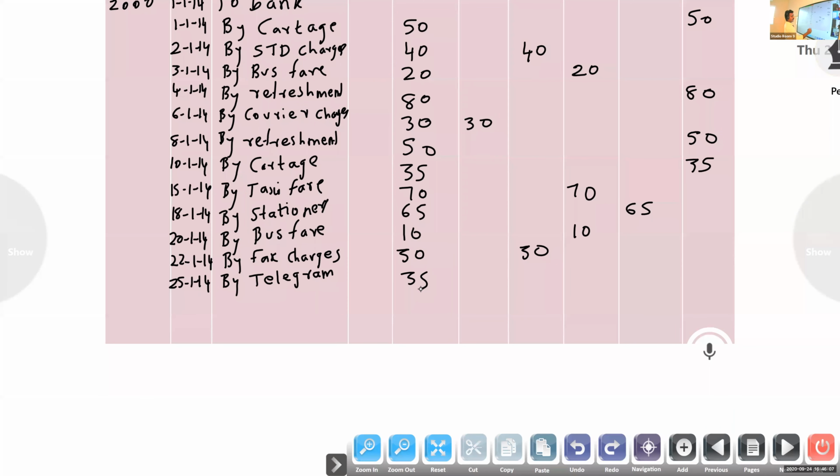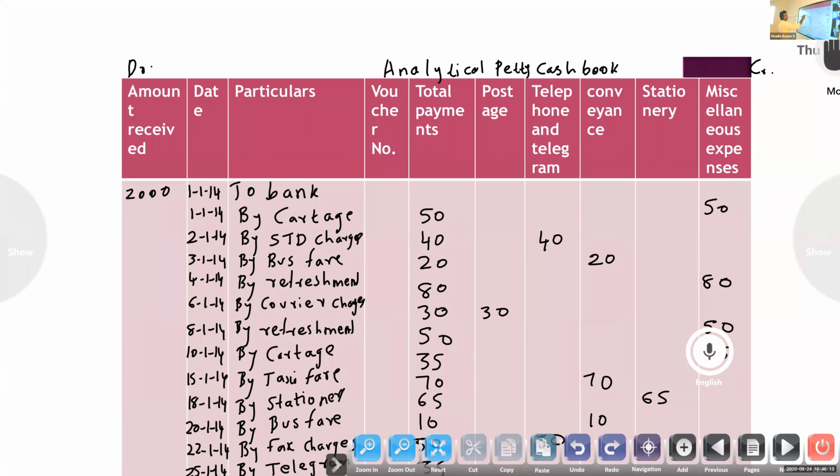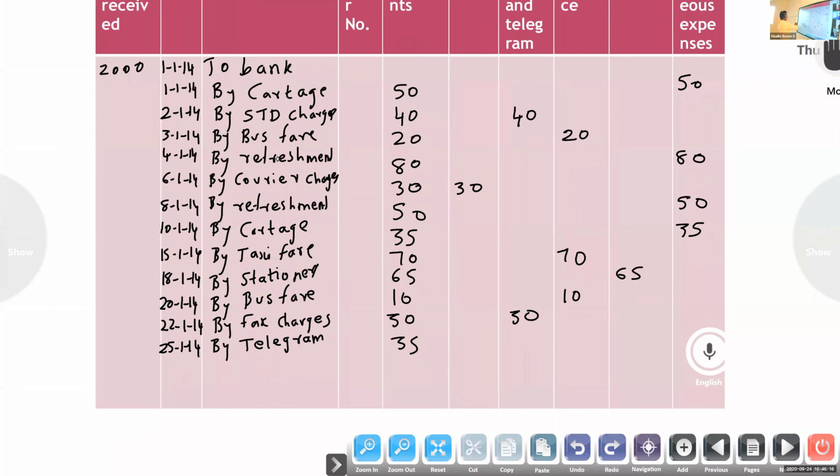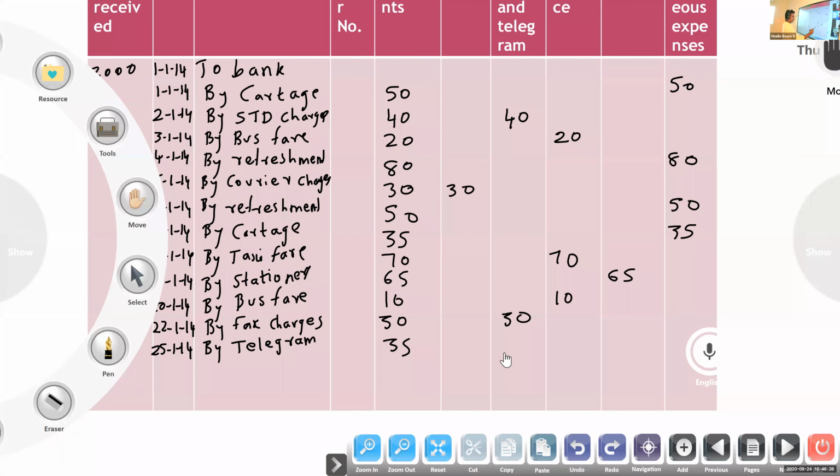A telephone and telegram column is there, 35.